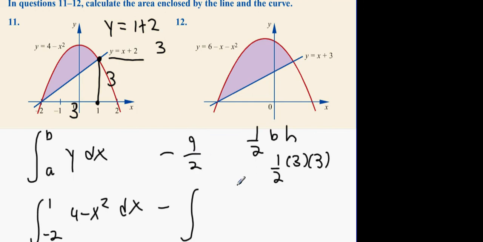Okay. So what we're going to do next is, I want to show you how to integrate it and get 9 over 2 anyway. So the integral of this is from minus 2 to 1. What's the formula of the area underneath that? y is x plus 2 dx. Now we've got to integrate.